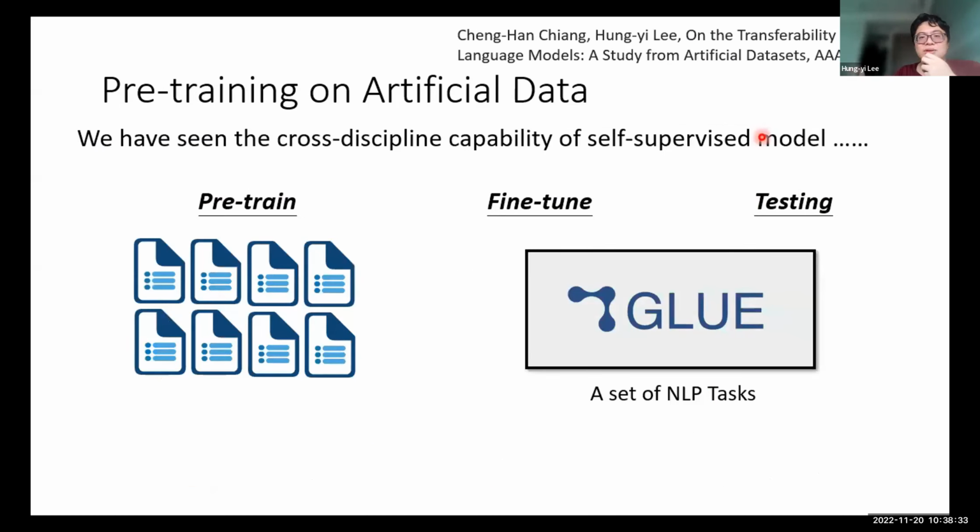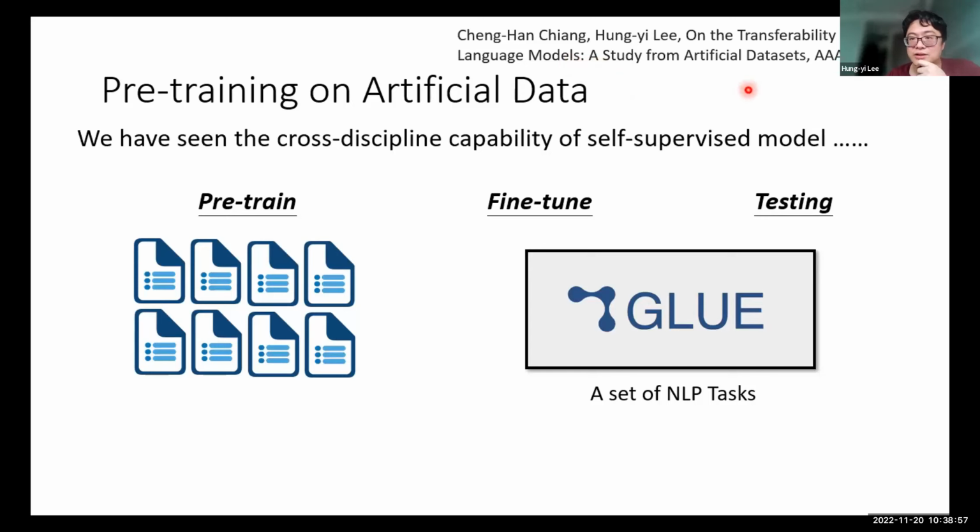So we already show that cross-discipline is possible for those pre-trained language models. You can pre-train on human language and apply on very different tasks. Then we think in a reverse way. The experiment below is from the paper done by Cheng-Han and me.